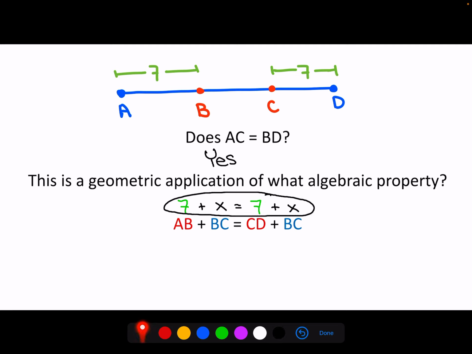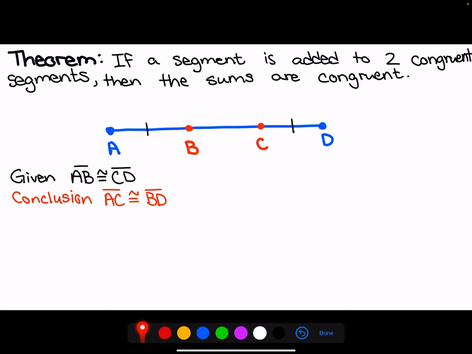This leads us to our first theorem, which is: if a segment is added to two congruent segments, then the sums are congruent. Again, if a segment is added to two congruent segments, then the sums are congruent. In this case, we have segment BC. I'm adding segment BC to both segment AB and segment CD, because we can see that they're congruent based upon the tick marks.